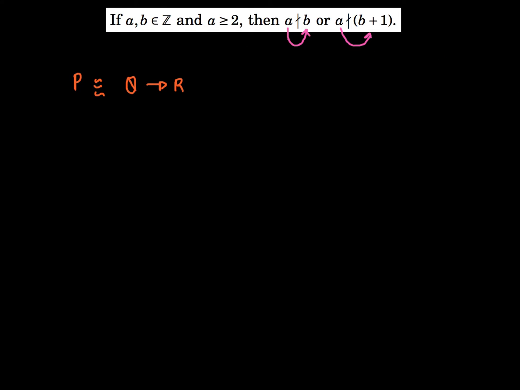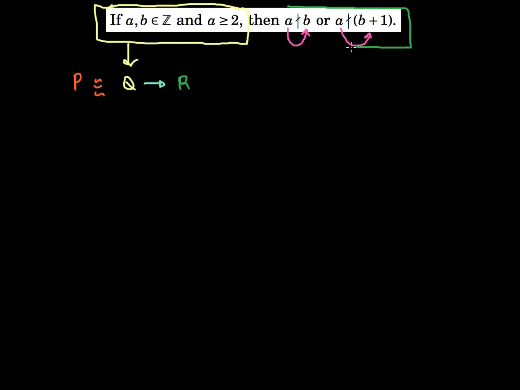Let's use yellow for Q, and let's use a conditional statement in blue, and let's use R for green. Everything in yellow is my Q. So everything over here is the statement Q, and R is everything in green, my conclusion.